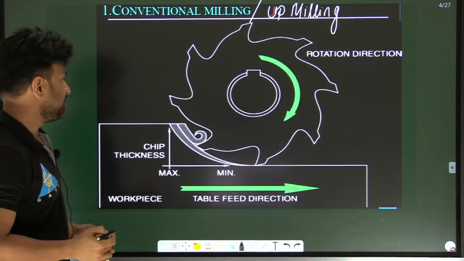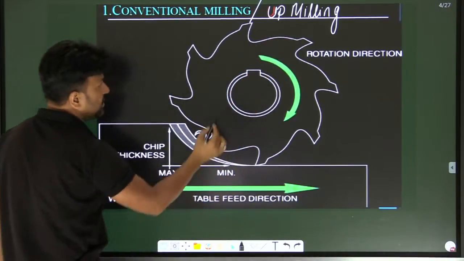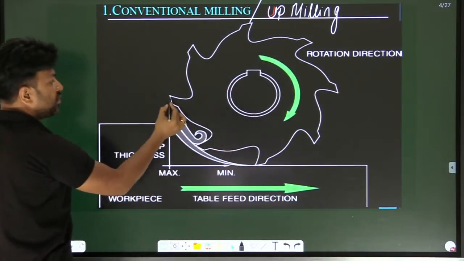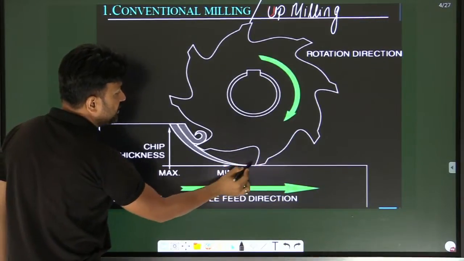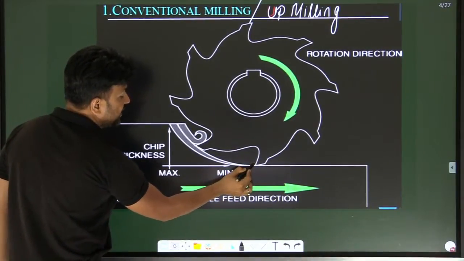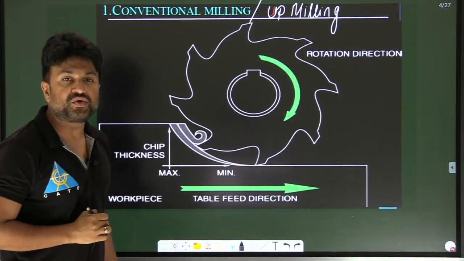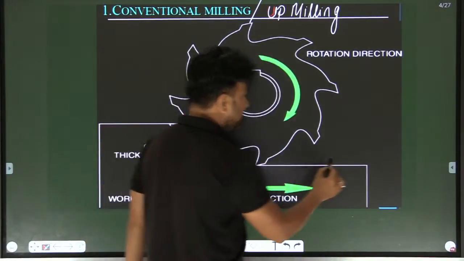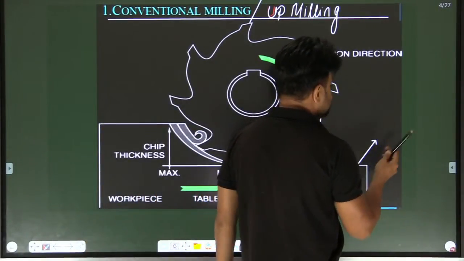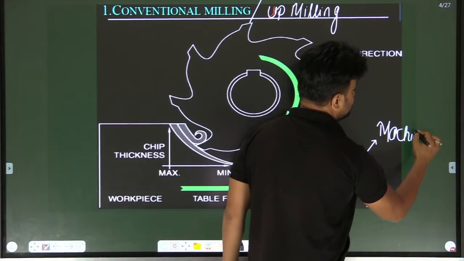Now, you can see in conventional milling or up milling, the milling cutter will rotate in such a way that the workpiece is cut by the teeth and the teeth will move from down to upward direction. My dear student, this is the machined surface, right?